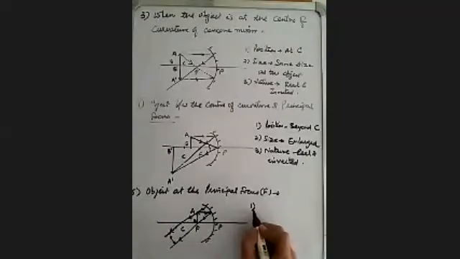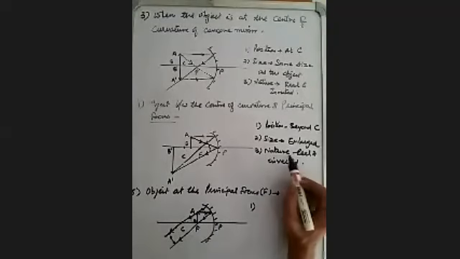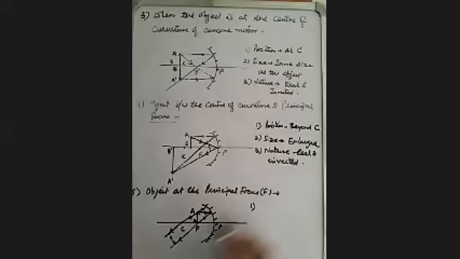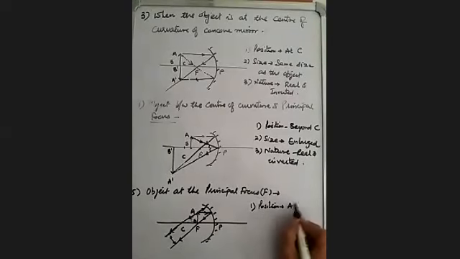So the nature of the image is real and inverted, and it is highly enlarged because at infinity the image will be very, very large. The position where the image is formed is at infinity.